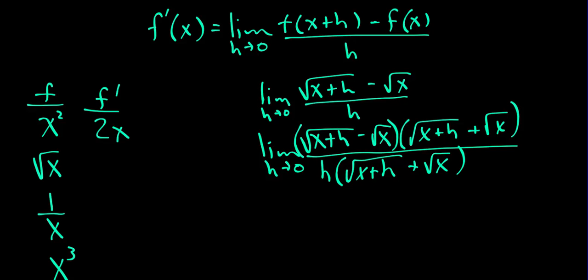Just multiply by the conjugate. And then what you get up top is you just get x plus h minus x.